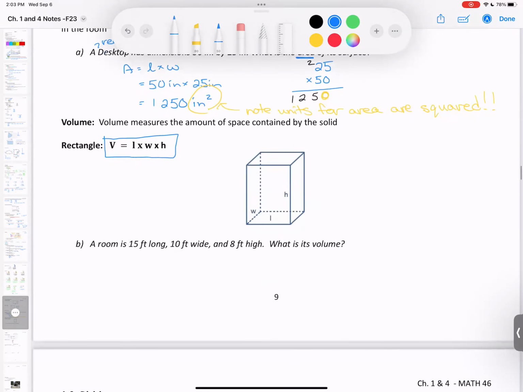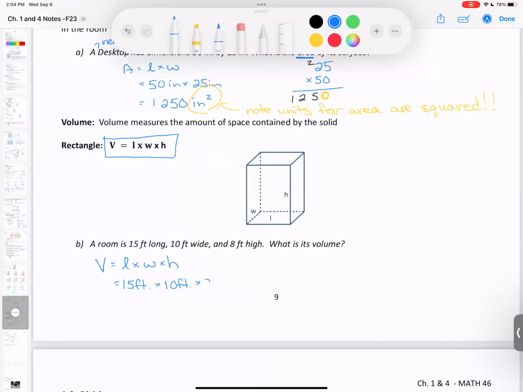So if we have a room that's 15 feet long, 10 feet wide, and 8 feet high, and we want to know its volume, well, I'm going to start by writing that formula again. So volume is length times width times height. It told me my length was 15 feet. My width was 10 feet.